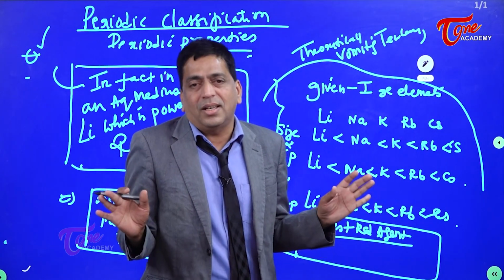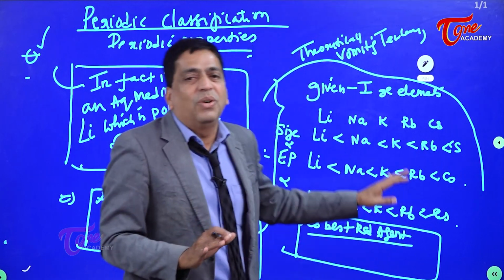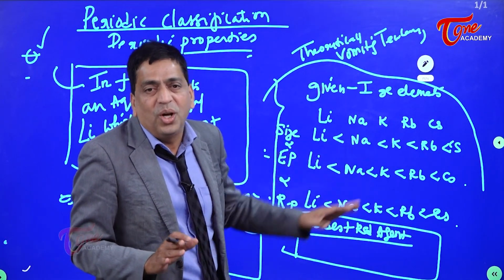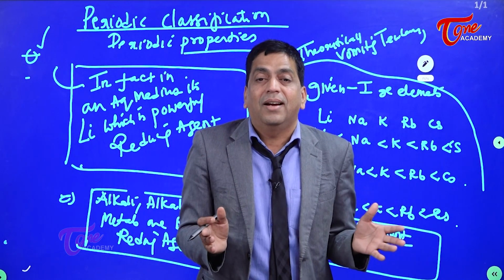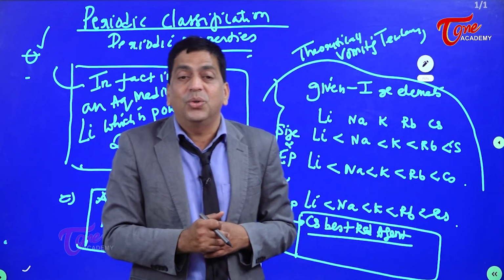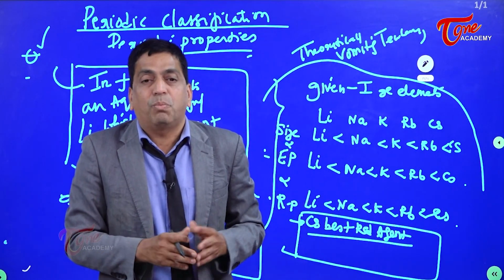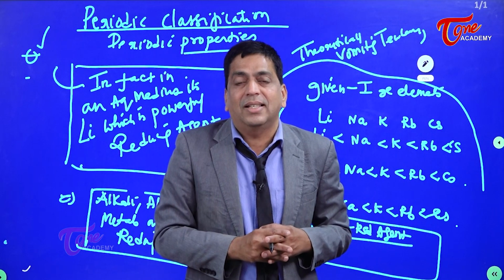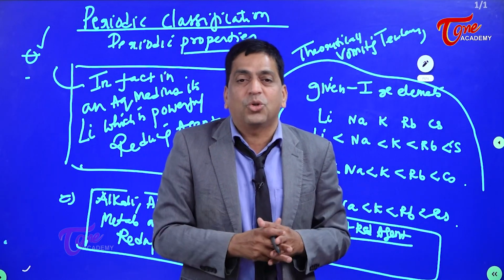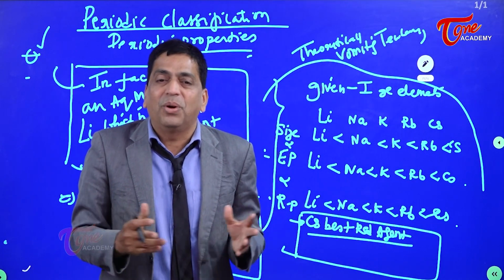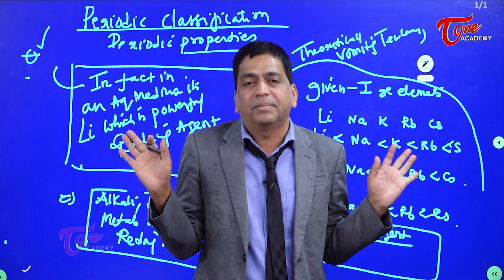Well, if that is the case, then for reducing power, it's not exclusively the metallic tendency which plays a role. There are other things which are actually determining the reducing power which is asked in the exam. It's almost like, in spite of you getting 40 marks out of 100 in mathematics, you still stood first in the class because you scored 100 out of 100 in all the other subjects.